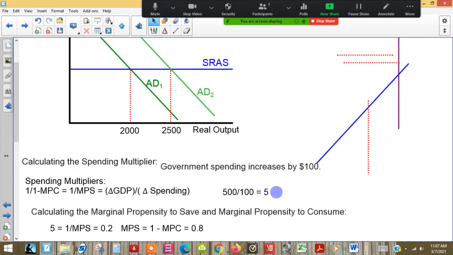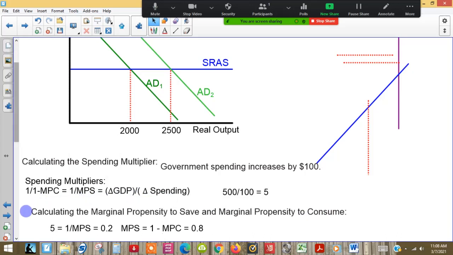Now, once we know the multiplier, we can calculate the marginal propensity to save and the marginal propensity to consume, because we know that the change in GDP over the change in spending equals 1 over 1 minus the marginal propensity to consume, or 1 over the marginal propensity to save.